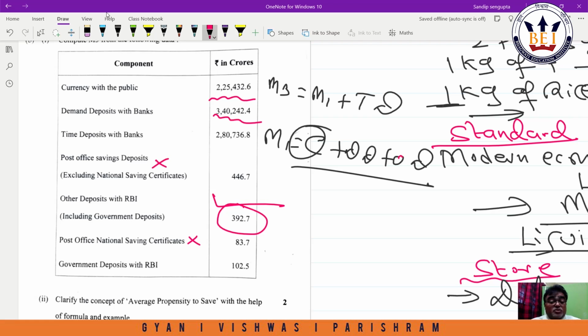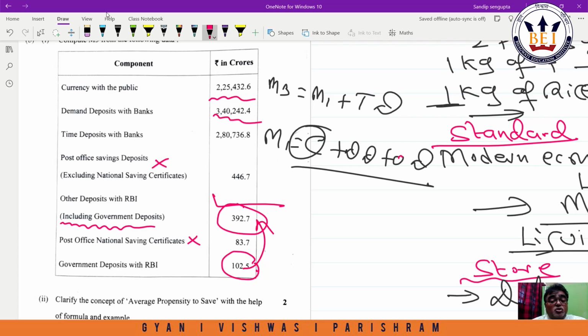Lovely. But when tricky things look, here they have written including government deposit. This is a trap for inter students. Why a trap for inter students? Because 90% of students, except my students, cannot understand that government deposit is there, meaning you don't have to add further.